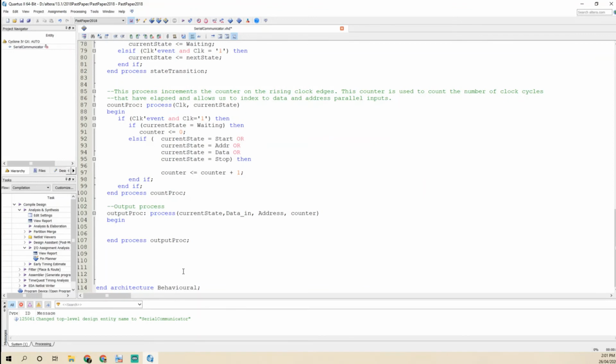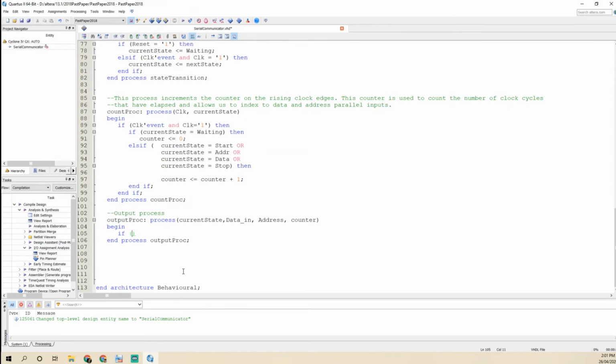So here I'm going to say if the current state is equal to waiting, or if the current state is equal to stop, then I want data out to be sending out 1s.